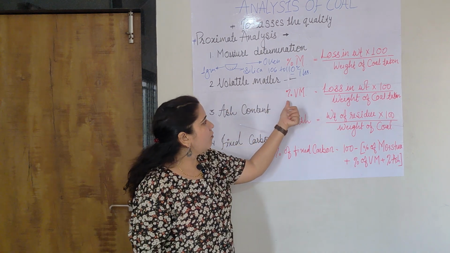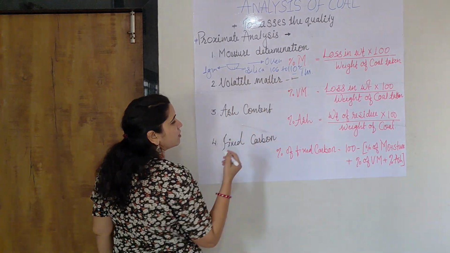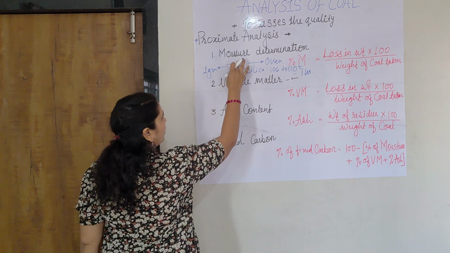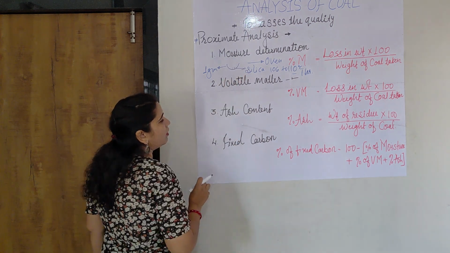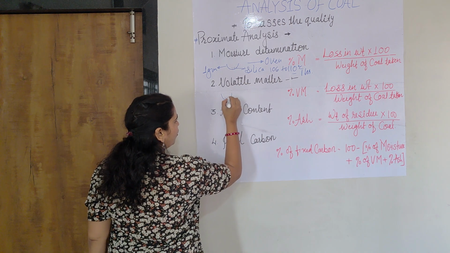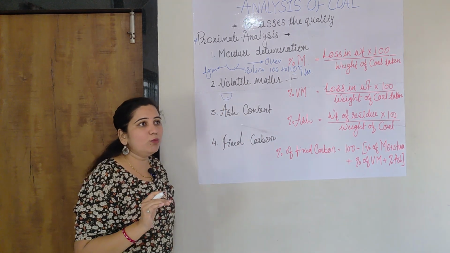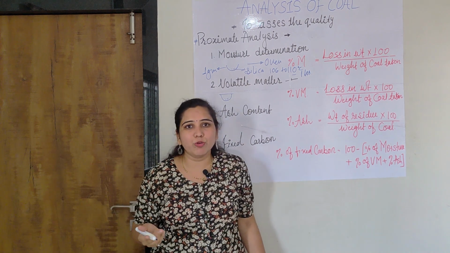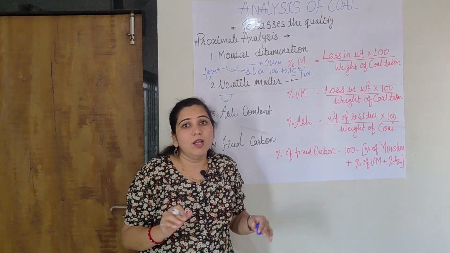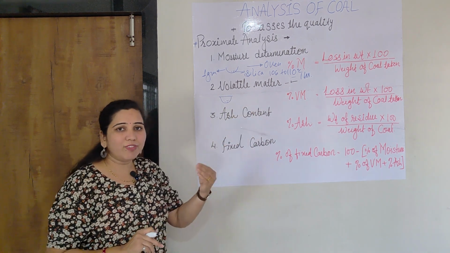For the percentage of volatile matter, the silica crucible which remained is to be covered with a lid. So we put that lid on during the calculation of volatile matter, so that the gases produced are removed at once.